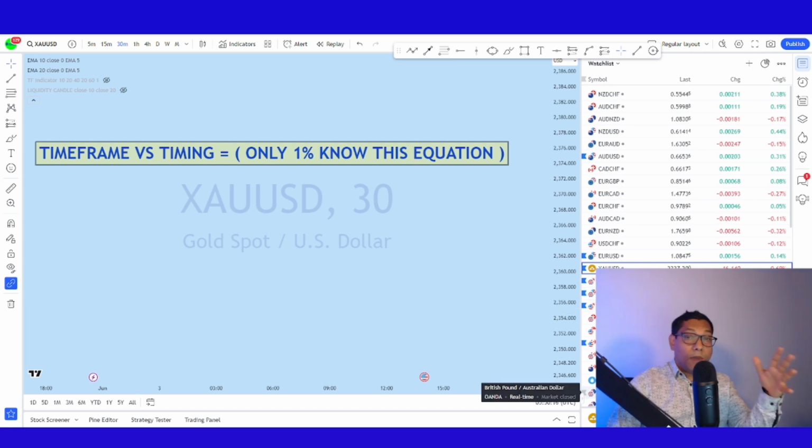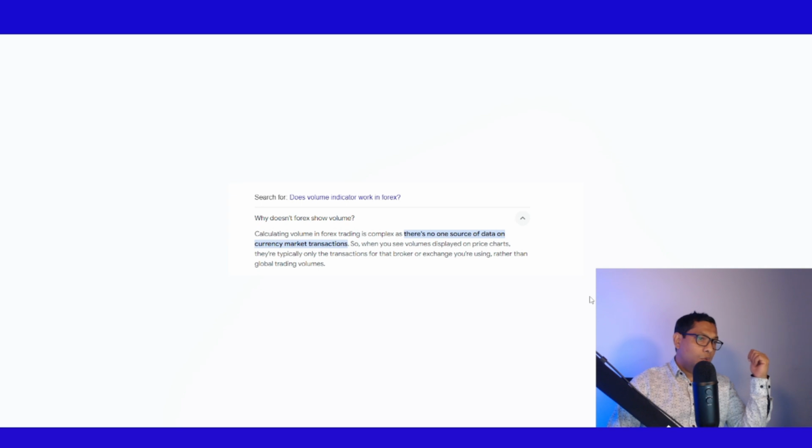Now, this is not only my opinion. If you look at Google, you can see the question: why doesn't Forex show volume? Calculating volume in Forex trading is complex, as there is no one source of data on currency market transactions. So when you see volume displayed on a price chart, it is typically only the transactions for that broker or exchange you are using, rather than global trading volume.